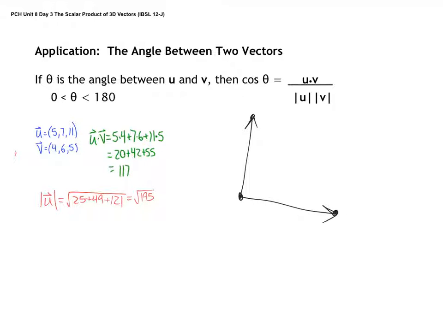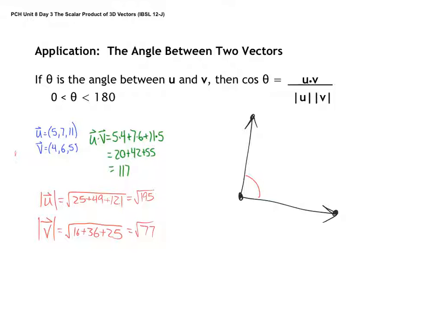We can also get the magnitude of v. We have the square root of 16 plus 36 plus 25. Okay? So that's the square root of 77. And we just use our formula. Okay?